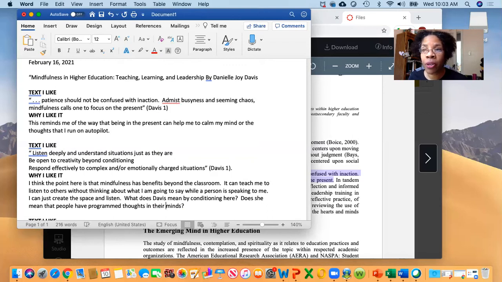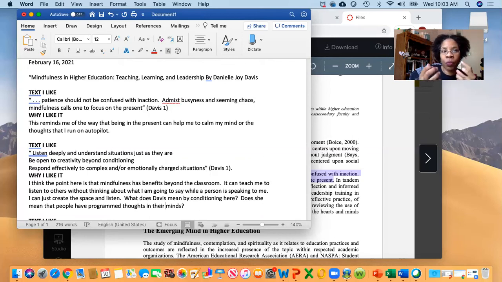Conditioning, the way a person is conditioned to think, right? Pay attention to the thoughts that are flowing through your mind. Are they your thoughts or are they someone else's? Are those your emotions or are they someone else's? Right? So mindfulness helps us sort through that.